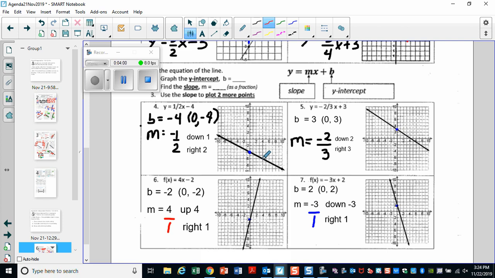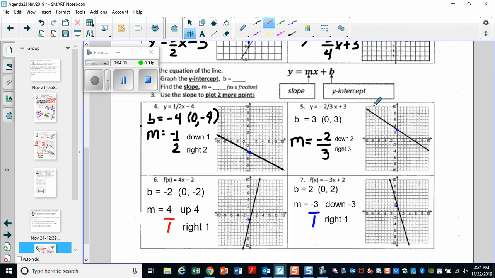Down 1, right 2, down 1, right 2, and so on. You could also go up 1, left 2, up 1, left 2. But you still have a negative slope overall, because dividing a positive by a negative or a negative by a positive, the result is negative.